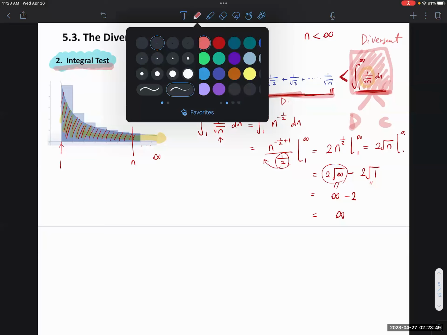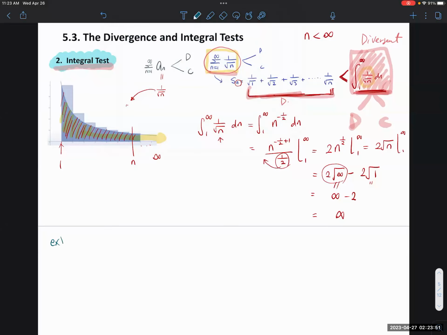Example 2. Let me change the color. Determine, same thing, the infinite series. What if I have 1 over n to the third? Is it convergent or divergent? We're going to use the integral test.